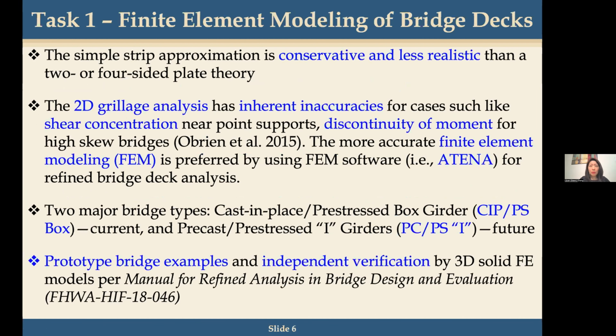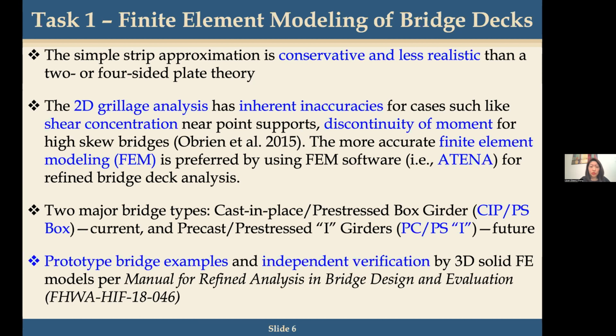The finite element modeling is the preferred method because a lot of the simplified strip methods are conservative and less realistic. The two-dimensional grillage method and some other simplified methods have inherent inaccuracy for many cases. So what we targeted is a more refined method using the finite element method, picking one of the software packages in the existing literature, called Athena.